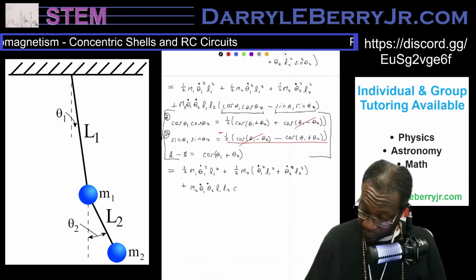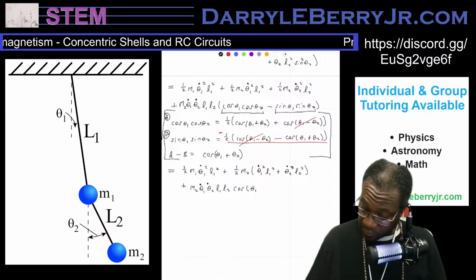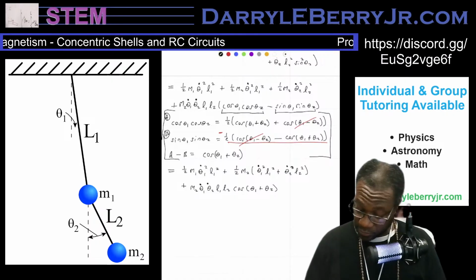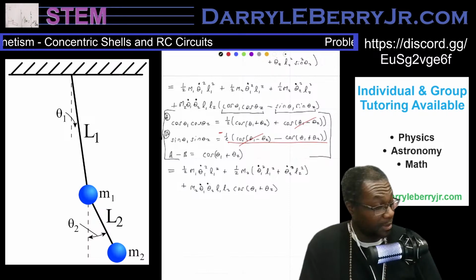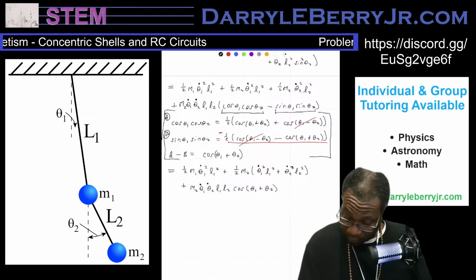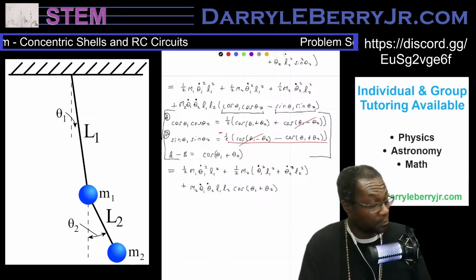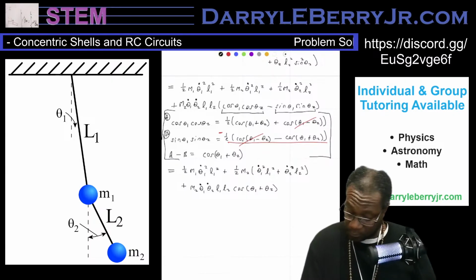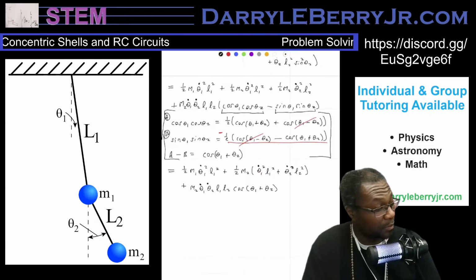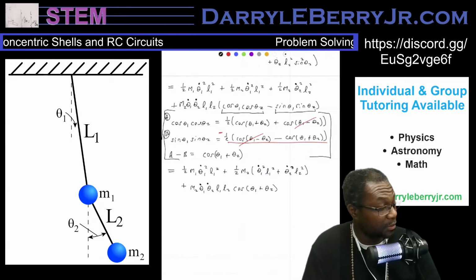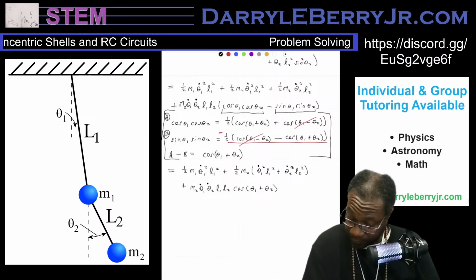And then we have cosine theta 1 plus theta 2. Right? See what we have here. I consolidated it slightly differently than before. Maybe we should do it the same way as before.